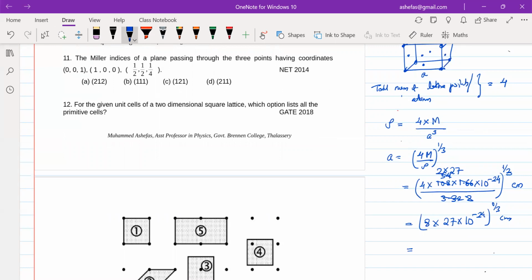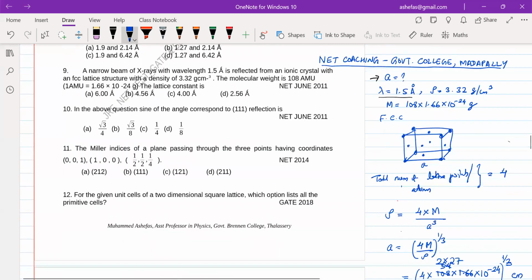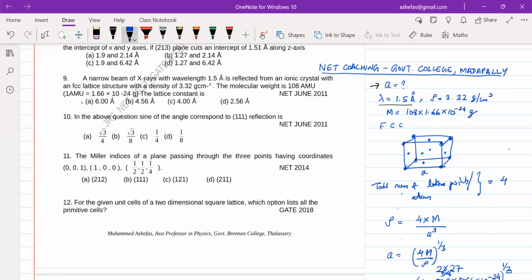Now 8 raised to 1 by 3 is 2, 27 raised to 1 by 3 is 3, and 10 raised to minus 24 raised to 1 by 3 is 10 raised to minus 8, this much centimeter. That is 6 into 10 raised to minus 10 meter, so the answer is 6 angstrom.